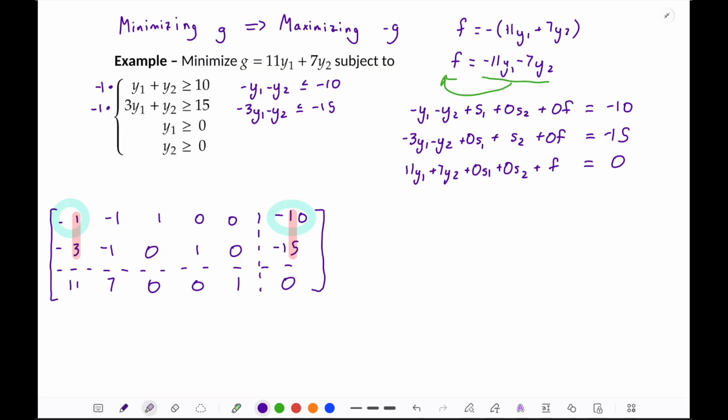So we get negative 10 divided by negative 1, which is 10. Negative 15 divided by negative 3, which is 5. That's our smallest positive. So there's our pivot row. So there's our pivot entry. Let me pull up the calculator.